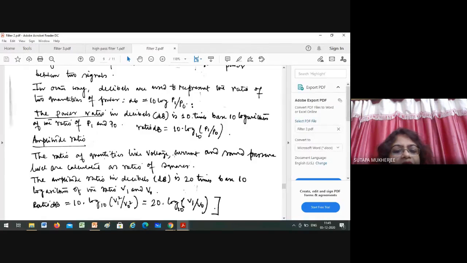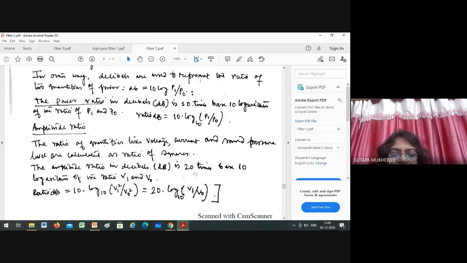For quantities like voltage, current, and sound pressure level, the ratio of squares is calculated. The amplitude ratio in decibels is 10 log to the base 10 of V1 square by V0 square, and since the square comes out as 2 into 10, that is 20 log to the base 10 V1 by V0.